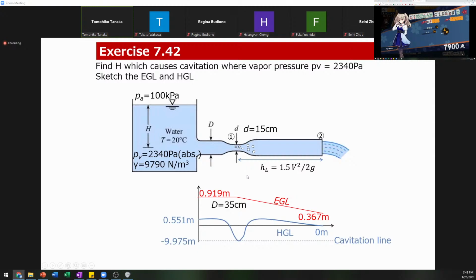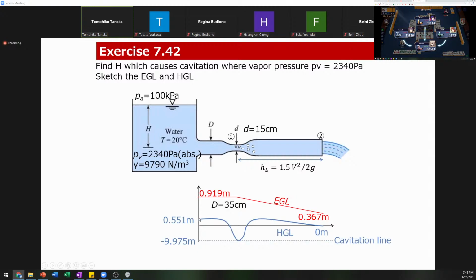And for HGL, you have to consider the velocity term. The velocity increases, right? And then HGL drops, and then recovers. And then finally goes to 0 here. Okay. So that's the kind of answer.